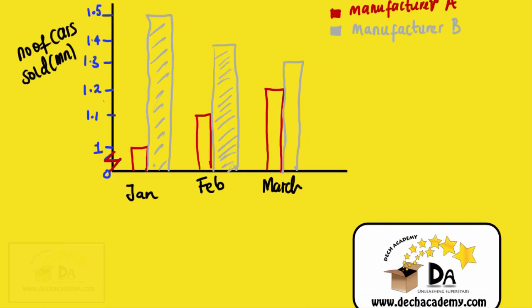So just extending the axis. It's April here. 1.3. And 1.2 for manufacturer B. So 1.2 somewhere here.